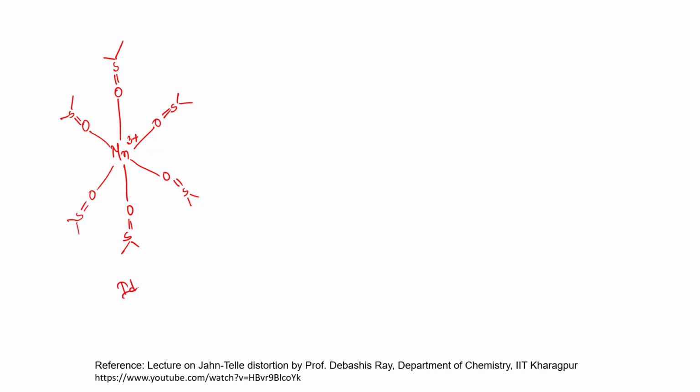This is the ideal octahedral geometry, but because of this z elongation effect. What is z elongation? That is, the ligands coming along the z-axis have a more repulsive interaction than the ligands coming along the x and y axis. And because of this repulsive interaction imbalance, the metal ligand bond length along the z-axis will be higher than the metal ligand bond length in the x and y axis. So because of this z elongation, the structure will look like this.